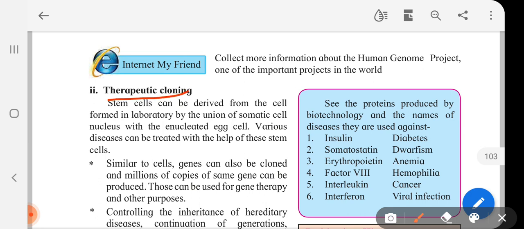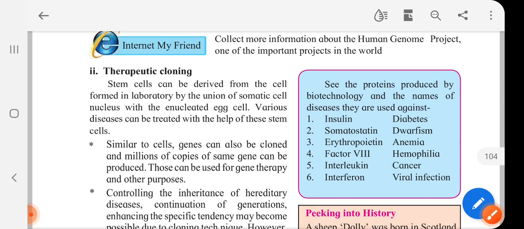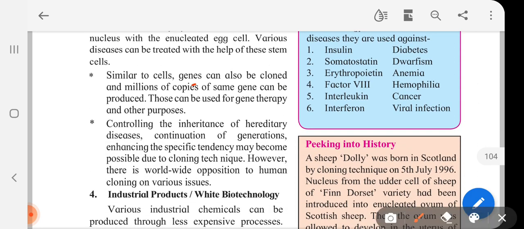Therapeutic cloning. Stem cells can be derived in the laboratory by union of a somatic cell nucleus with an enucleated egg cell. Various diseases can be treated with the help of these stem cells. Similar to cells, genes can also be cloned and millions of copies of the same gene can be produced.